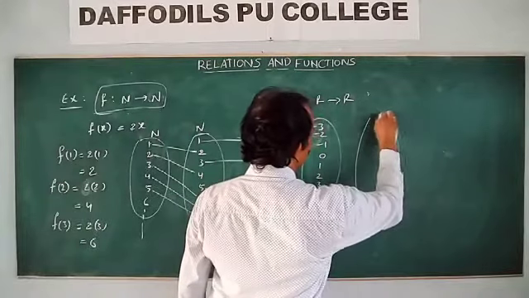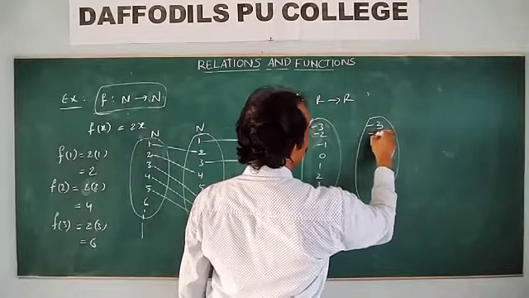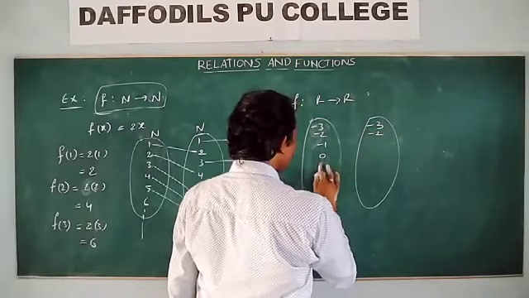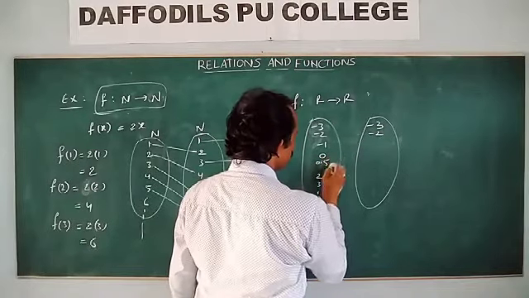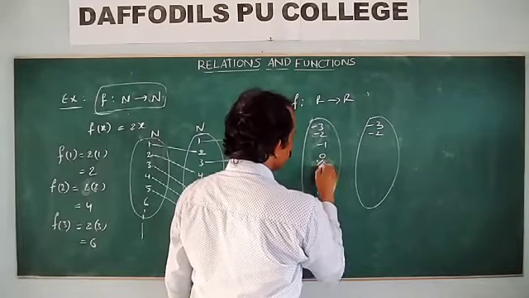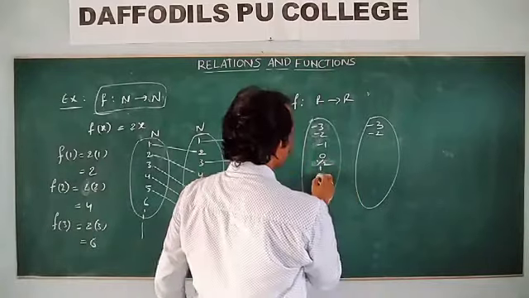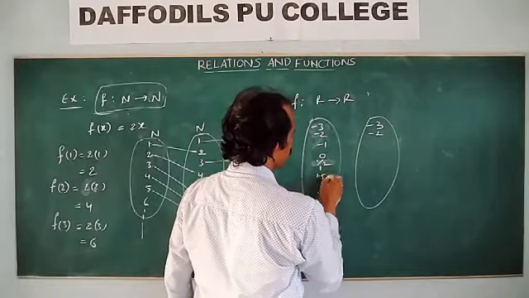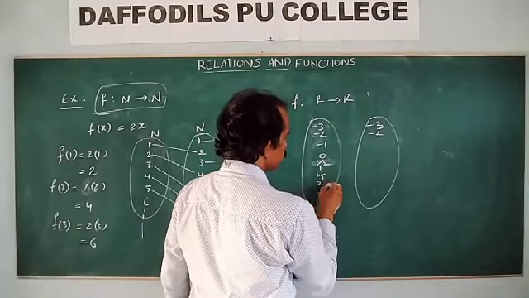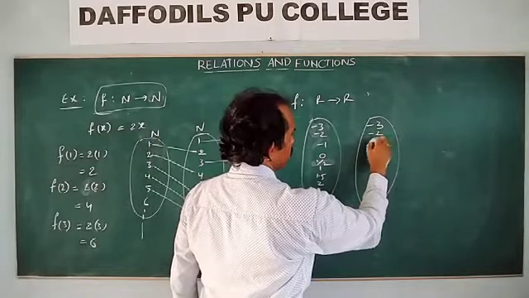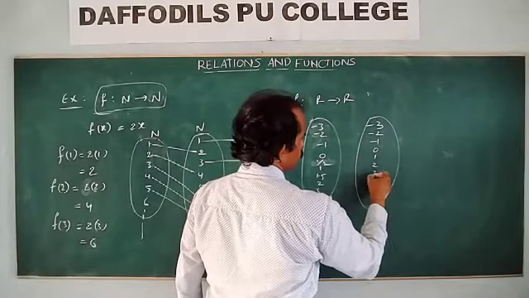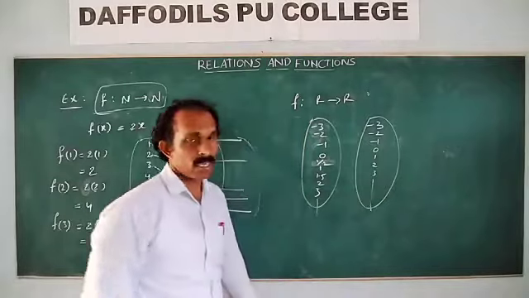This is also R to R. Here I take 0.5, that means 1 by 2, then 1, 1.5, 2, 3, and so on. Okay, right.